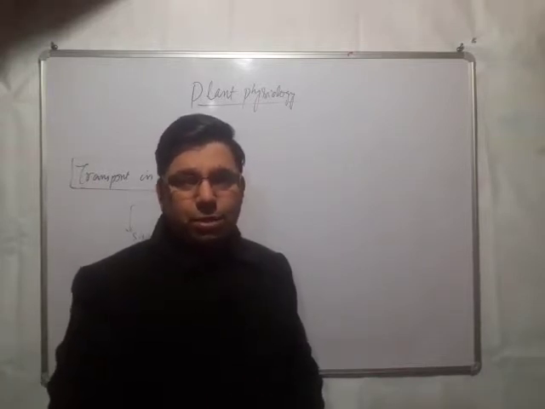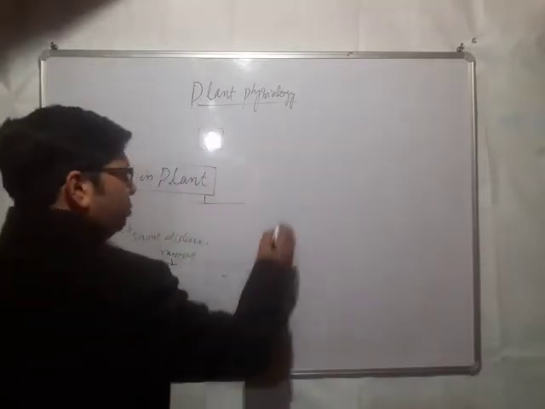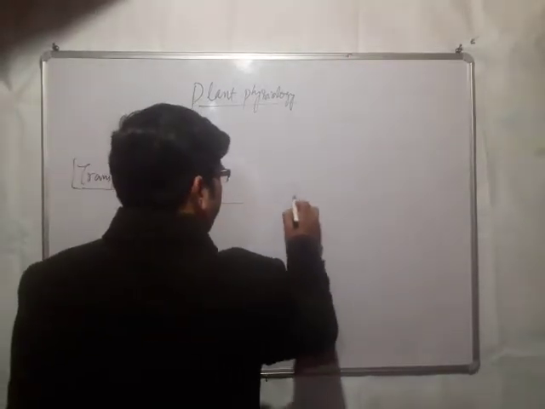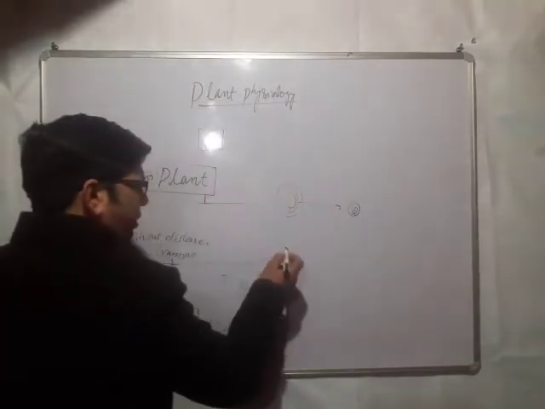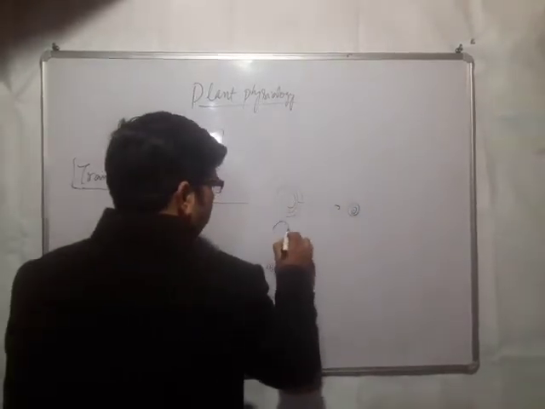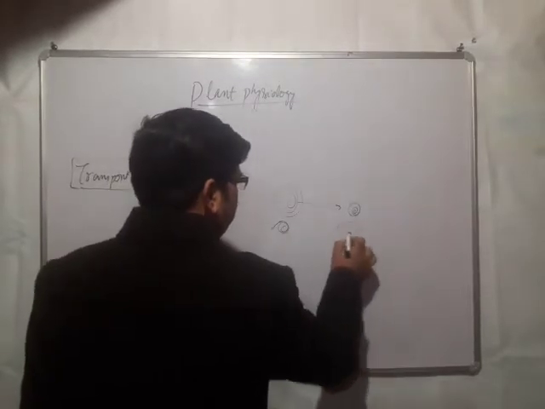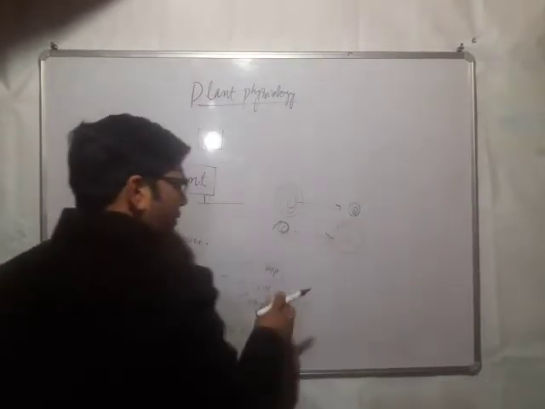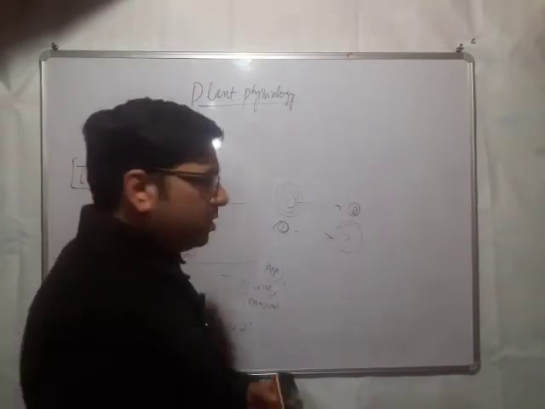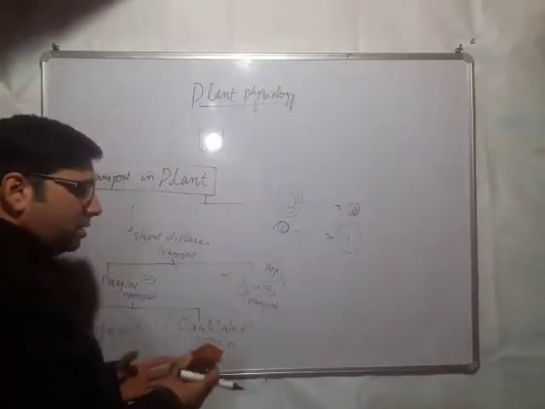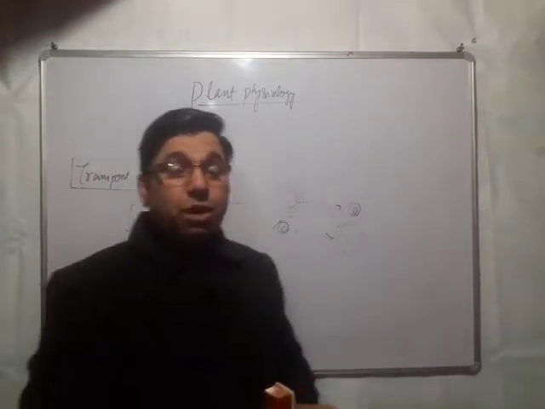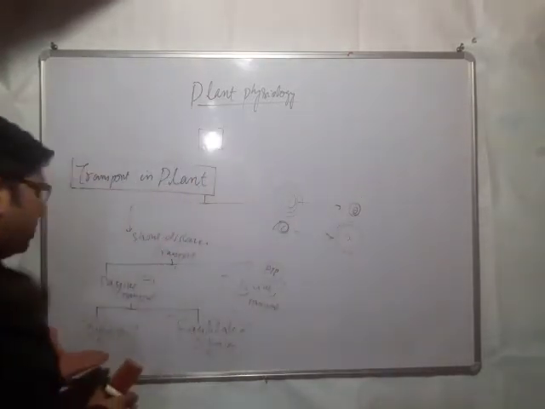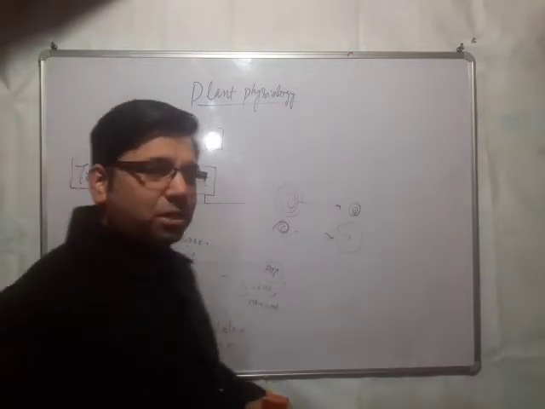In diffusion, movement was from an area of higher concentration to an area of lower concentration. But in active transport, we need to transport molecules from an area of lower concentration to an area of higher concentration, which is not possible without the use of energy. It is like climbing a hill, not a downhill task.